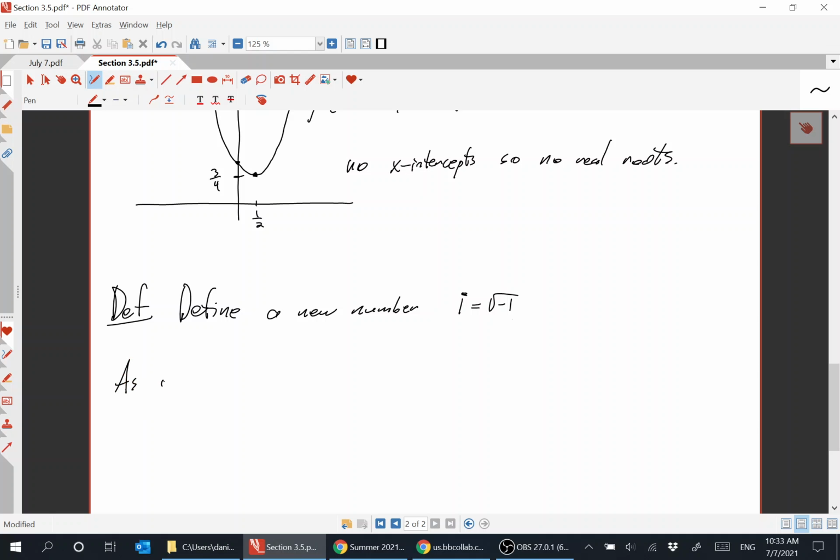As a consequence of this definition, the square root of any negative number, well, for example, the square root of -4 is the square root of 4 times -1. And remember, square roots distribute over multiplication, not over addition. So this is the square root of 4 times the square root of -1, that's 2, and this is i.